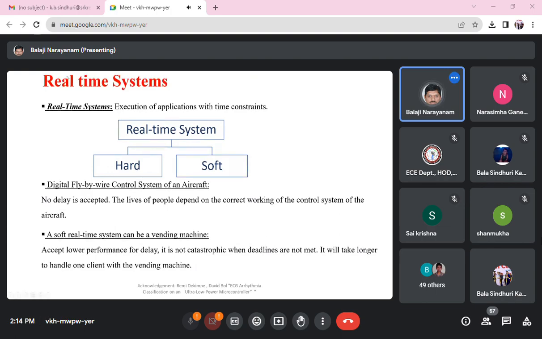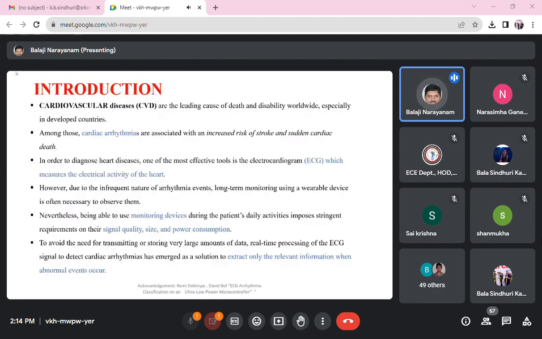So you can have a real-time system implementation of a device that can help the physician to diagnose the patient, and analyze what kind of heart anomaly he is suffering from. So there is CVD, which is cardiovascular disease.